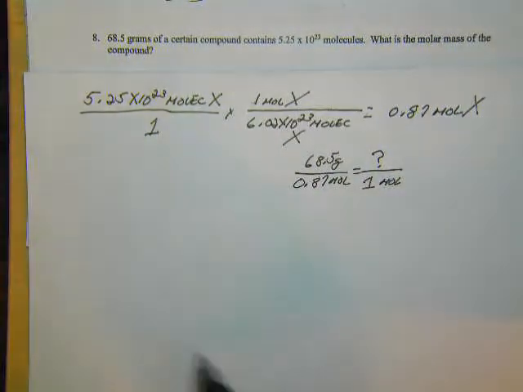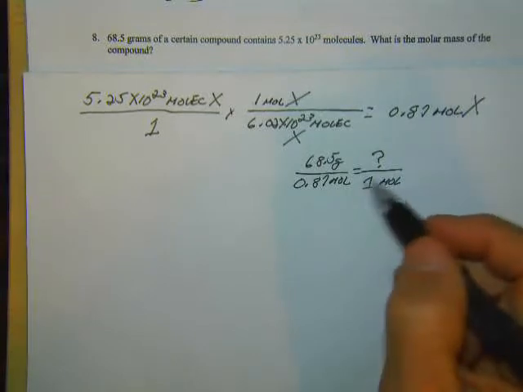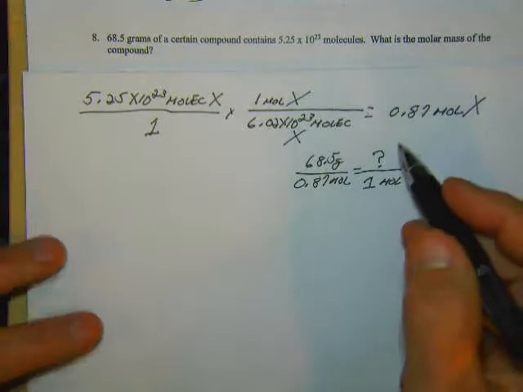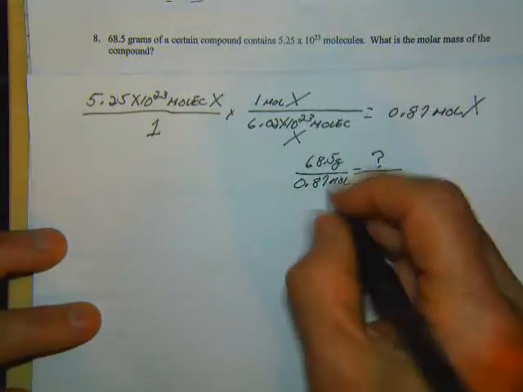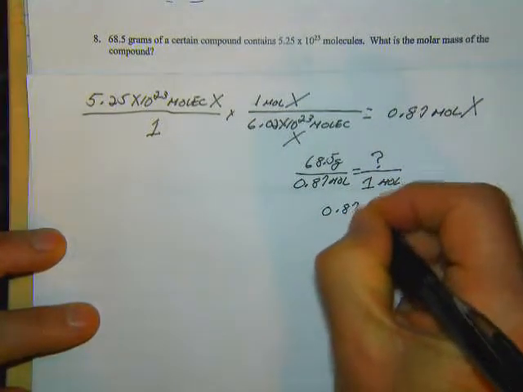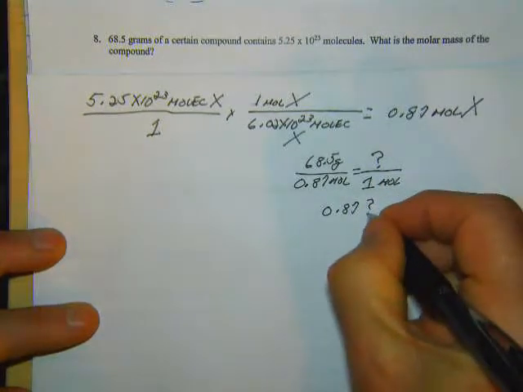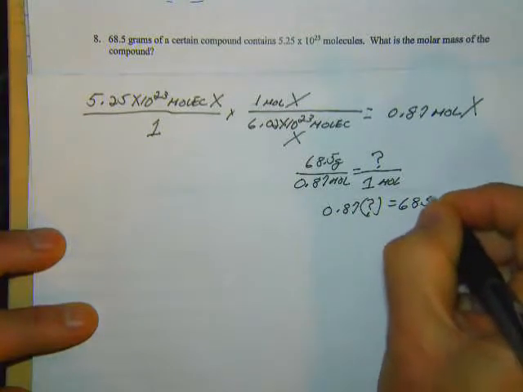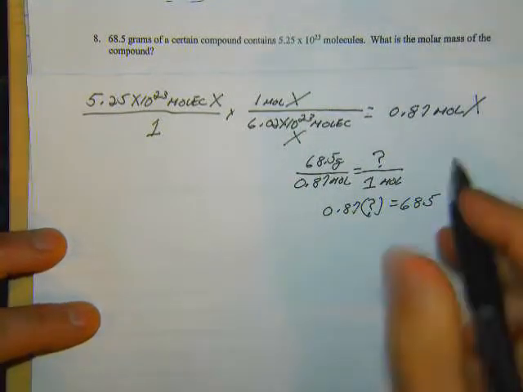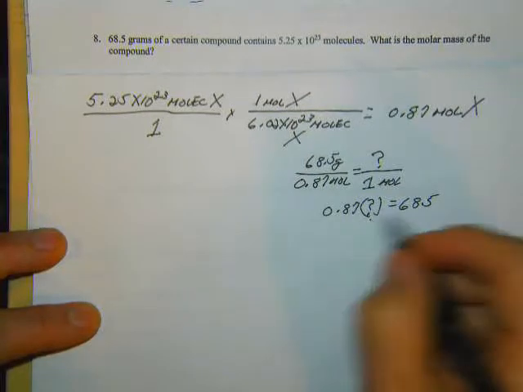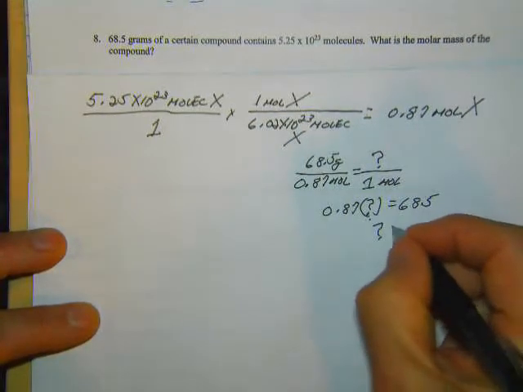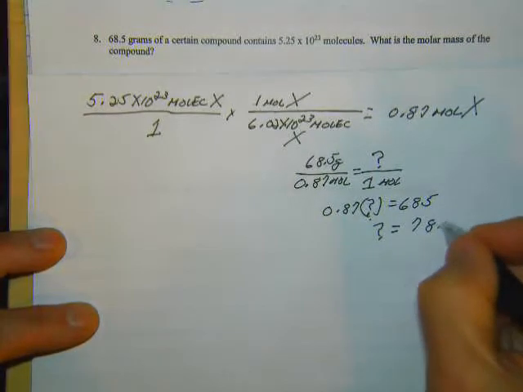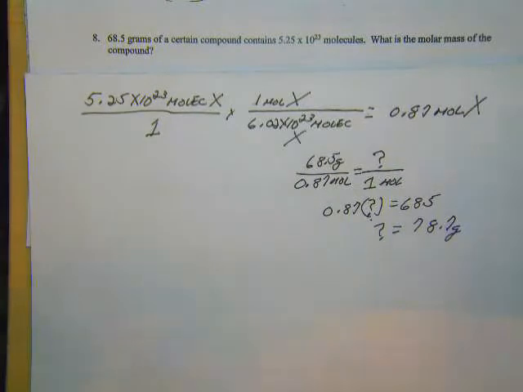So we can cross multiply this times this times that, and then I guess I might as well just do it out. 0.87 times my unknown equals 68.5, and the moles are going to cancel out. So how do I get this by itself? Divide each side. So my unknown ends up being approximately 78.7 grams. Kind of an interesting problem.